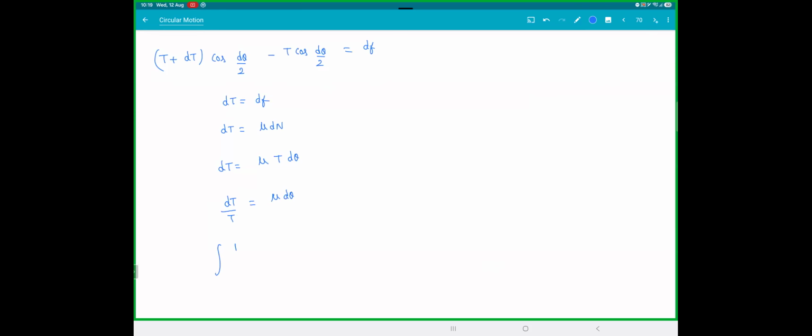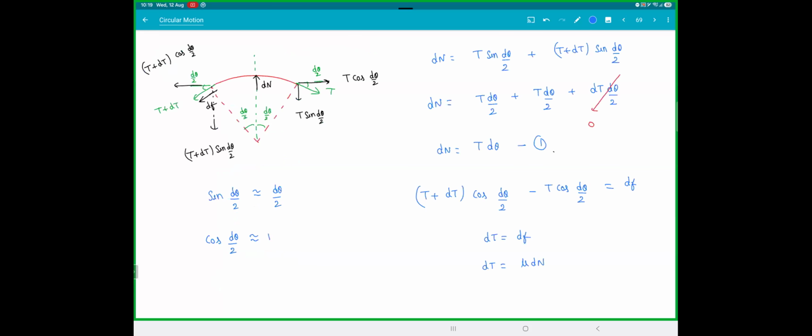Now when you integrate this on both the sides, dT by T is equal to mu integral d theta, when you go from 0 to pi. This will go from F to mg. The tension will vary like this. I think I forgot a minus sign here. I wrote reverse, I guess. This is minus plus and this is this. So dT will be minus dF because I took these two on the same side.